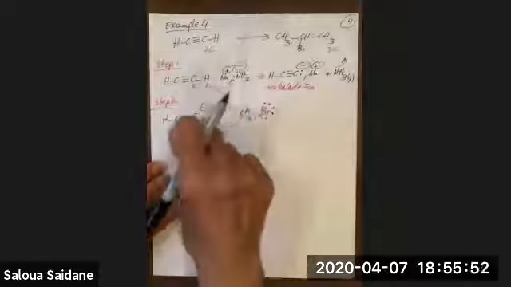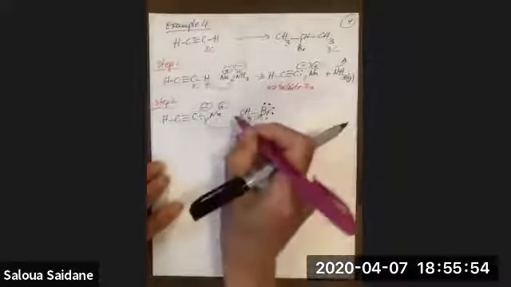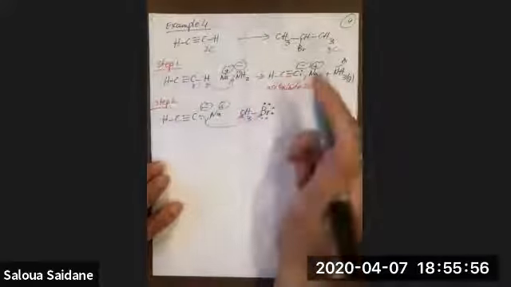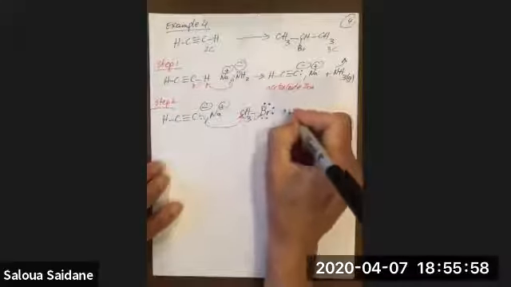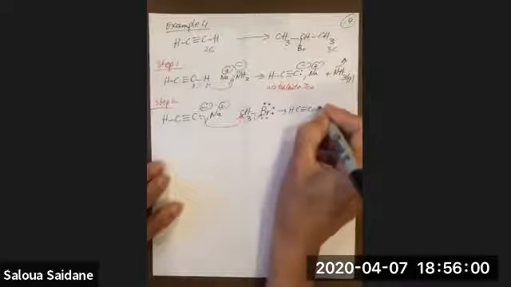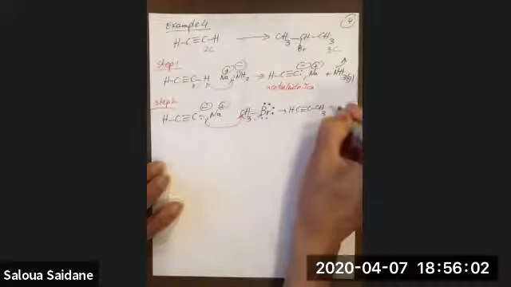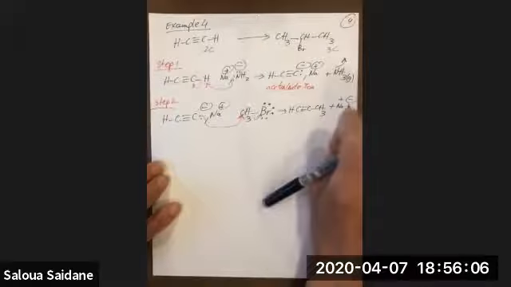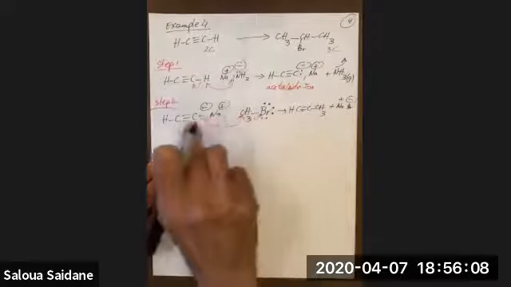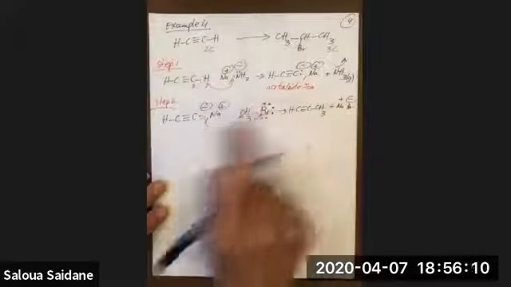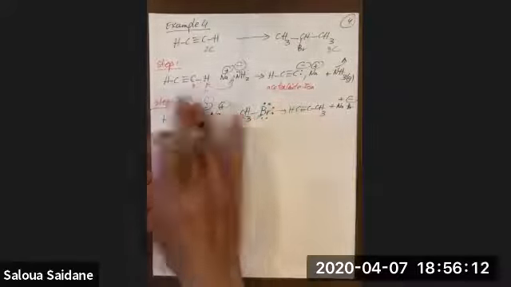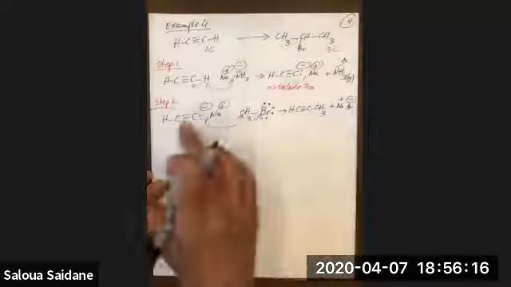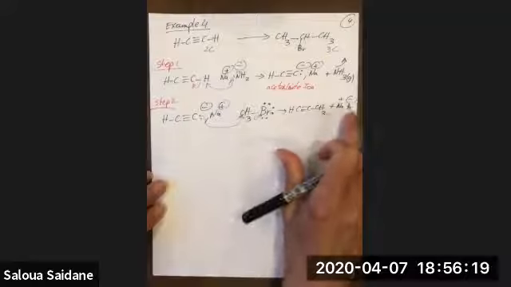It's more stable than this. It's a very weak base, Br minus, because here we're going to end up with HC, CCH3 plus Na plus and Br minus. Br minus is a weaker base than the acetylide, so that's why the reaction is complete. That's the reason we use this acetylide ion as a starting material, because it always produces a weaker base.